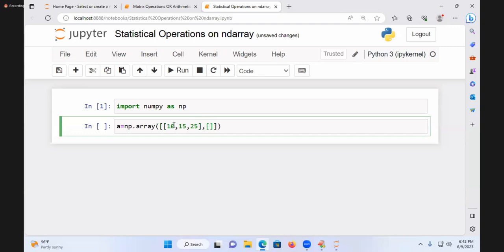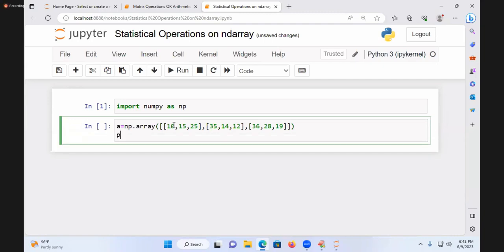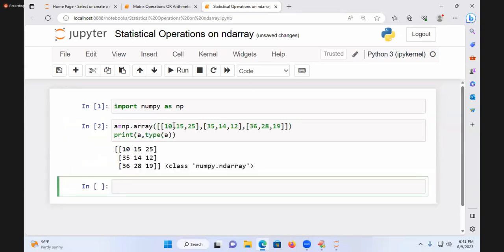Now I am taking something like 35, 15, something like 12, something like 14. Next I am writing here, students, something like 36, 28, and I'll write 19. I wrote it. So you print immediately A and type of A. This is called my given matrix.